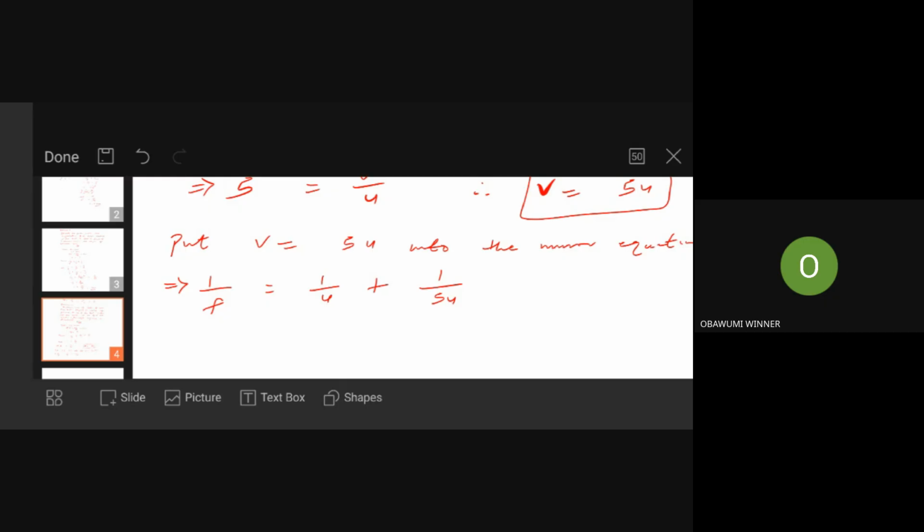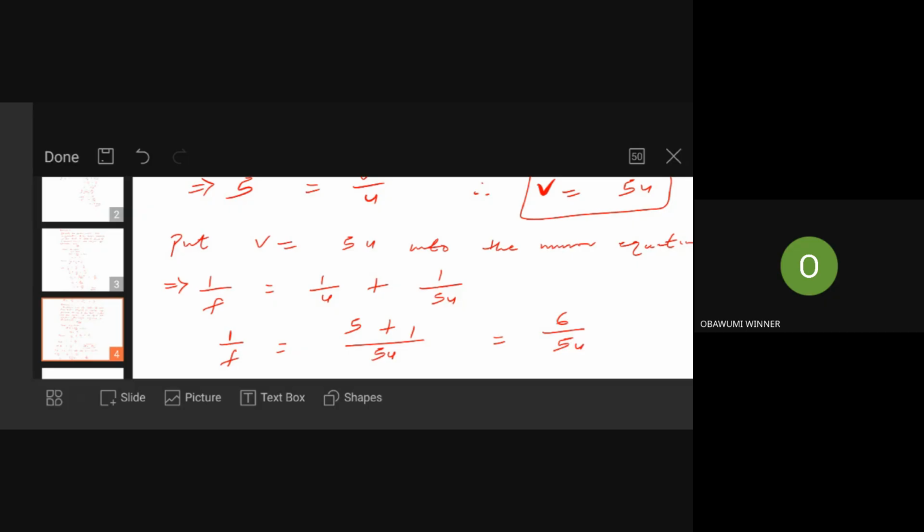The LCM of u and 5u is going to be 5u. 5u cancel u, I have 5 left, and 5 times 1 gives me 5. Then 5u cancel 5u, I have 1, and 1 times 1 gives me 1. So I have that 1 all over f is equal to 5 plus 1 over 5u, which is actually 6 all over 5u. That's exactly what I'm going to have right there.